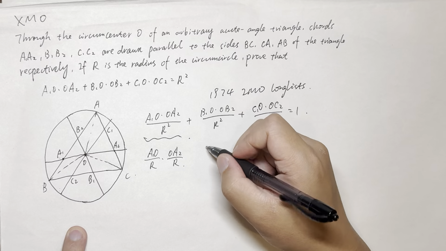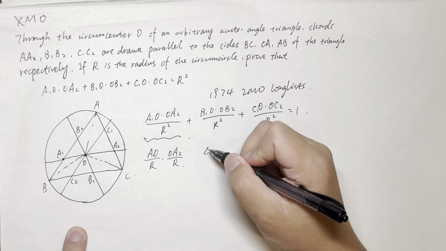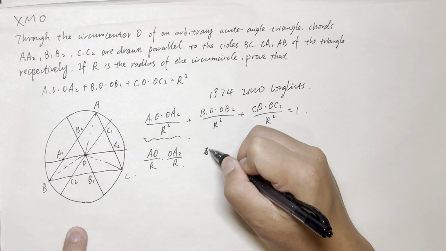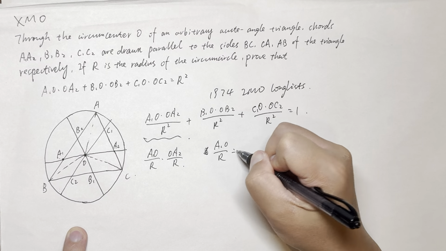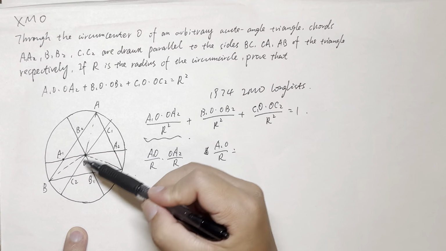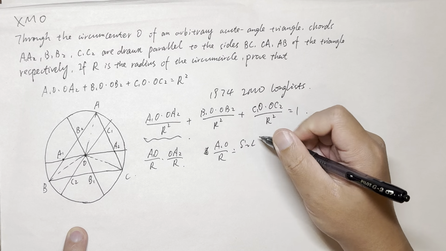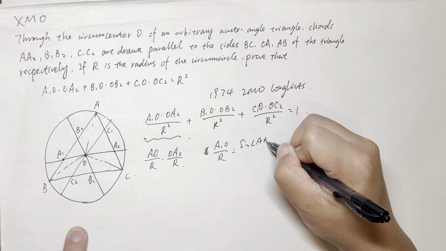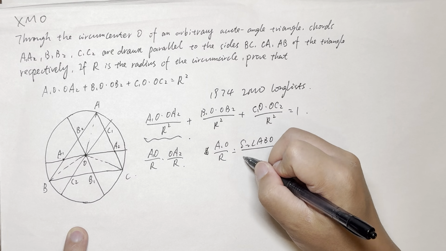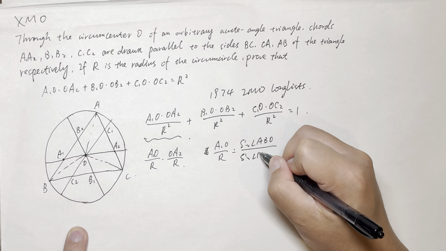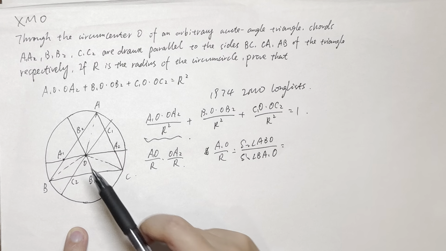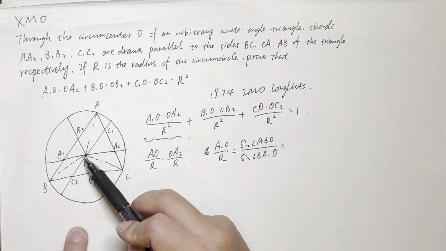So we know that OA1 divided by R equals 2 sine angle ABO over sine angle BA1O, which equals... So what is angle ABO?